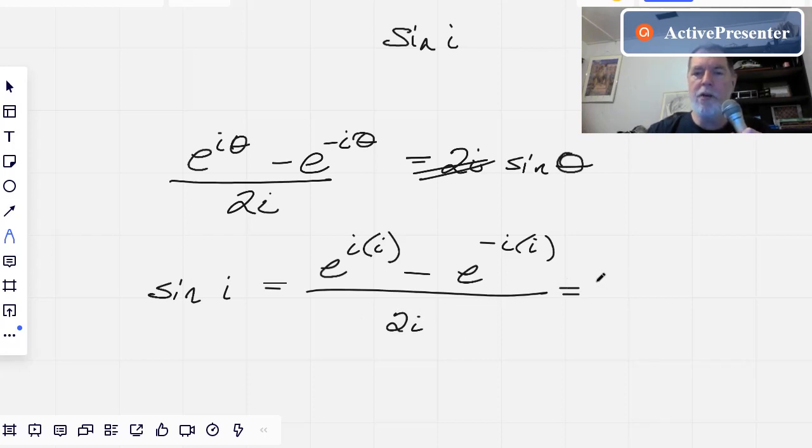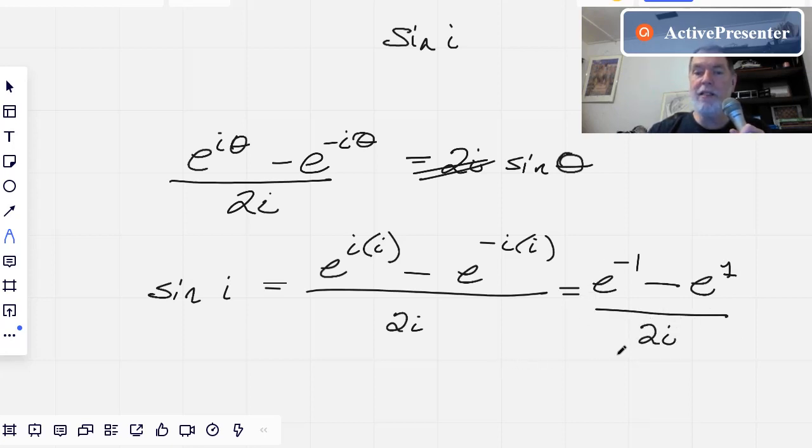Okay, and what does that equal to? That equals e to the negative 1 minus e to the negative 1, so e to the 1, all over 2 times i.